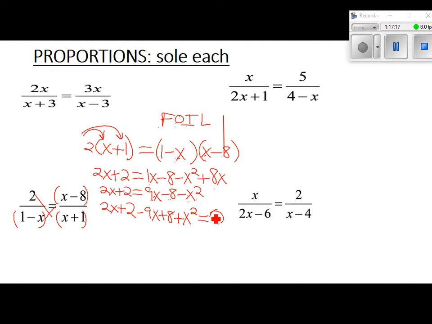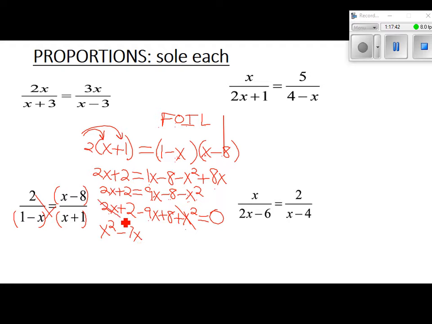Then we collect like terms. When we collect like terms, we always want to put it in descending order according to their degree. If you remember from algebra, the x squared has the highest degree. It's got a degree of 2, so it goes out front. Then we got the 2x and a minus 9x, which gives us negative 7x.